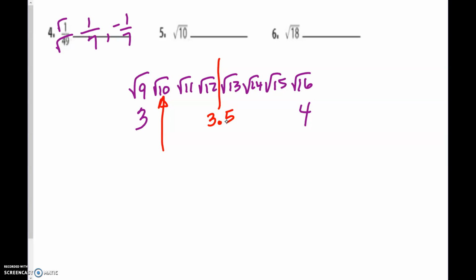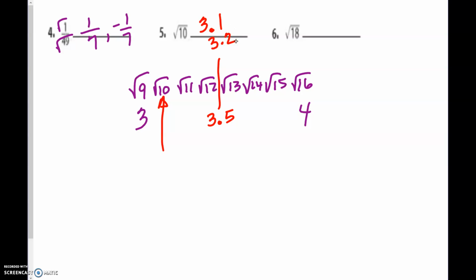So for the square root of 10, it would be pretty reasonable to say that this is going to be 3.1. If you also said 3.2, I would probably let that go too. So 3.1 or 3.2, either answer here would be acceptable.